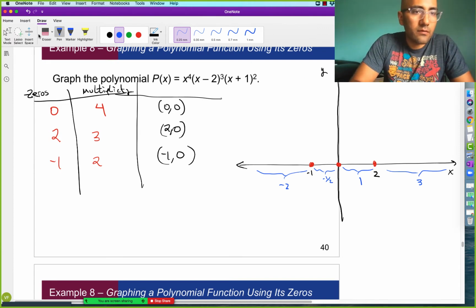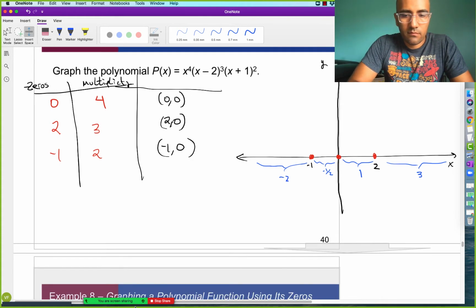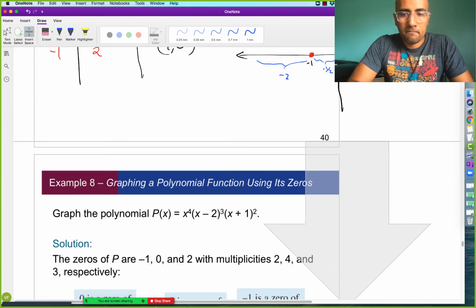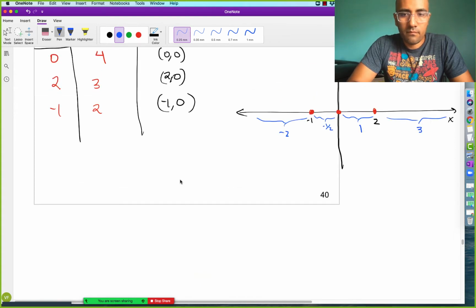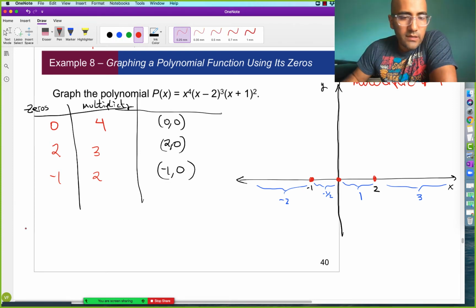Let me make some room here. Okay, so I need to figure out a table, starting with -2. P of blank equals blank to the power of 4, blank minus 2 to the power of 3, and blank plus 1 to the power of 2.